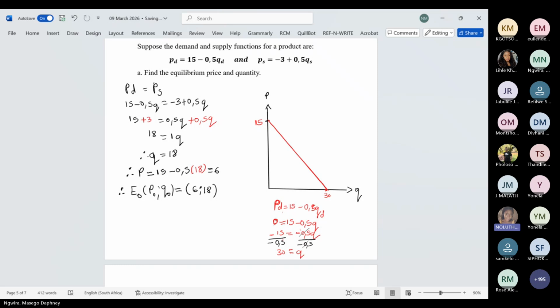Okay, ma'am, I think I found it. Yeah, what is it called? Is it point of origin? The one on the Y axis they call a vertical intercept. And the one on the x-axis, they call it a horizontal intercept. Yes, vertical and horizontal. But there's a name. Origin?